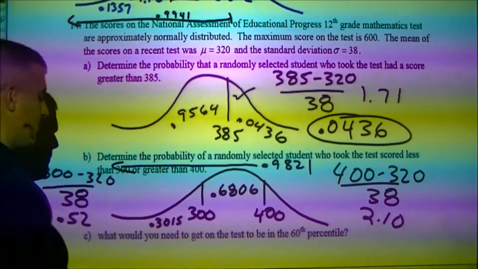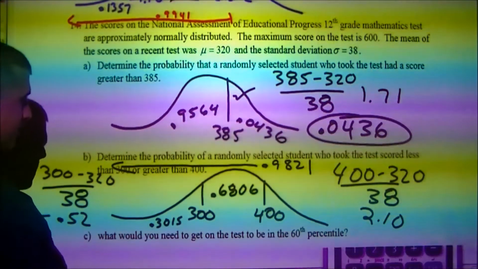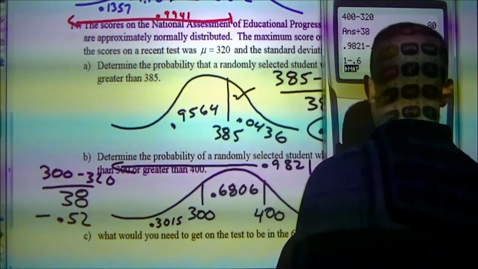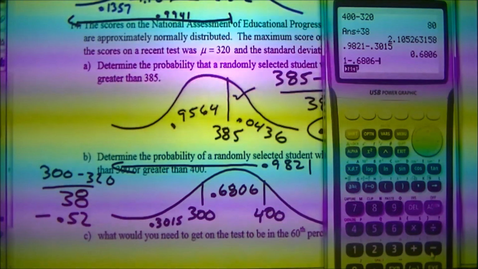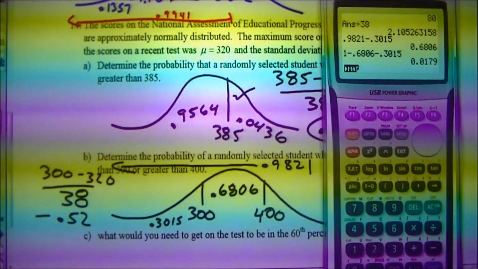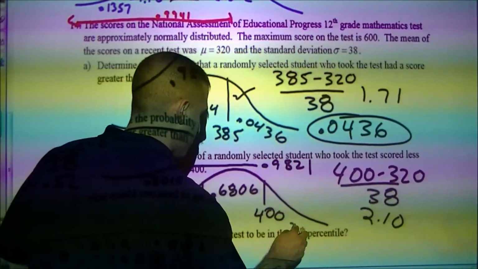And to find the area to the right of it, I can do 1 minus 0.6806 minus 0.3015, and I get 0.019. So those are all the probabilities.